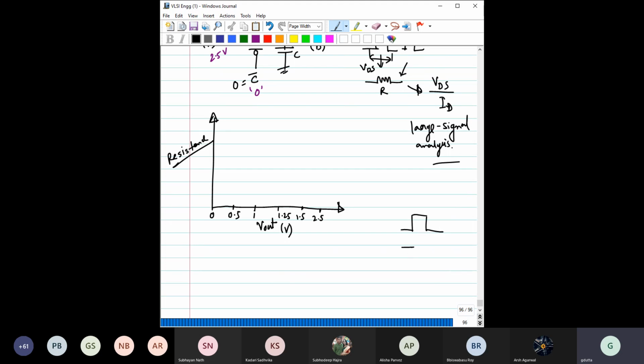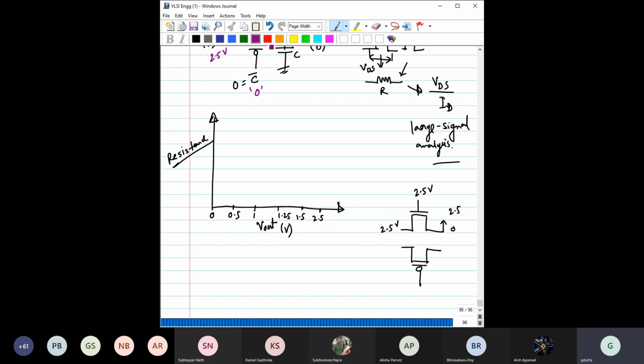One is this NMOS, the other one is this PMOS, right? NMOS, so this is one. Let us write in terms of volt only. 2.5 volt. This V output has to rise from 0 to 2.5 volt.